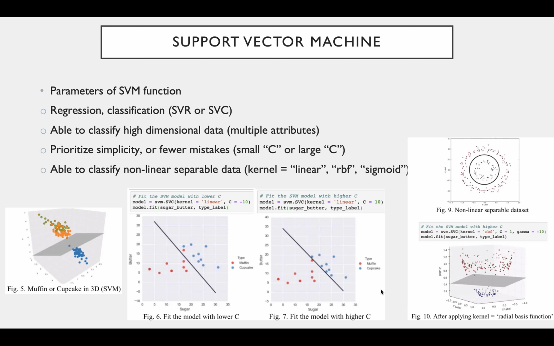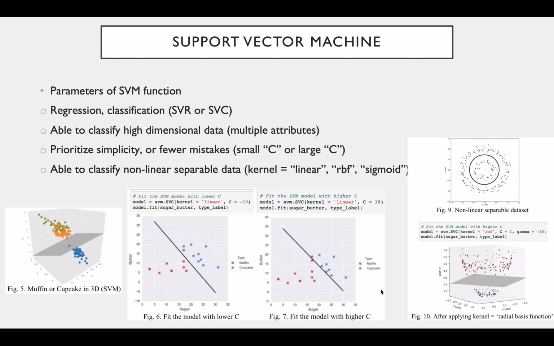And the support vector function is also able to classify high dimensional data. From our last example in classifying muffin or cupcakes, we have just two attributes.